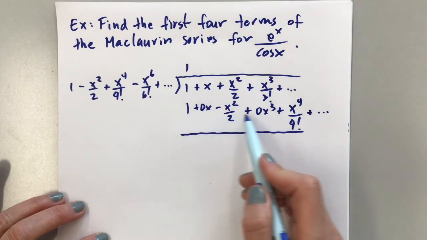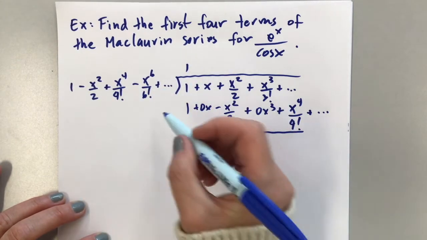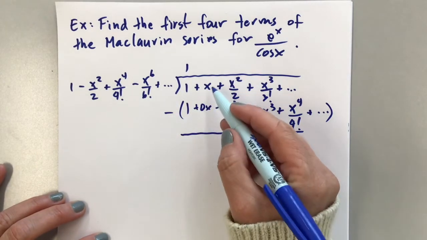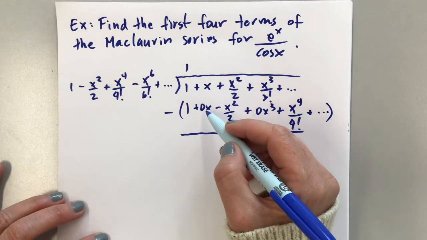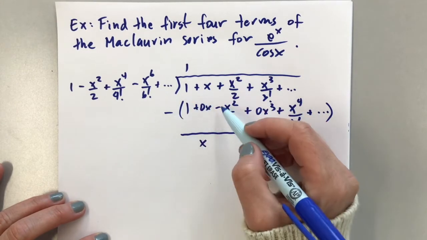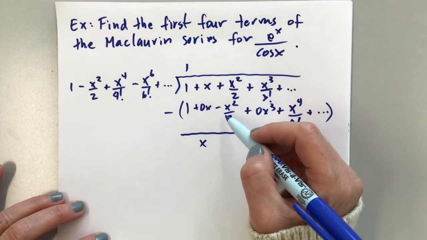Again, just use the first few terms when you multiply this to this. So we subtract. Okay, so 1 minus 1 is going to be 0. We have x minus 0x is just x. X squared over 2 minus a minus, so x squared over 2 plus x squared over 2 is just going to be x squared.